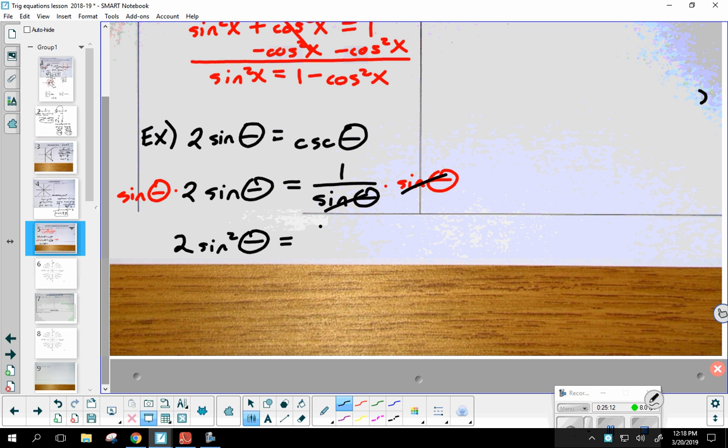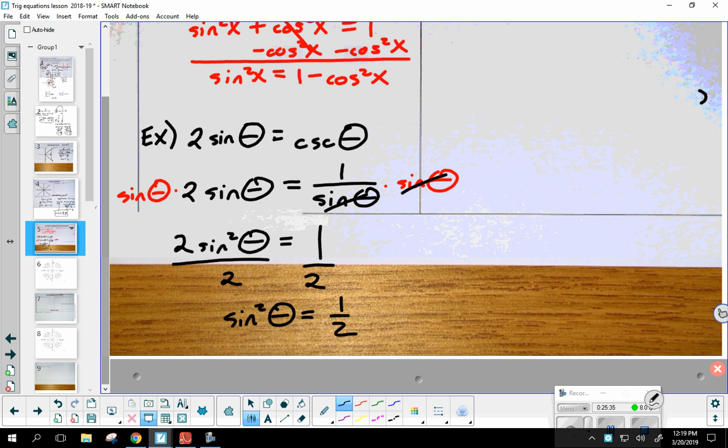They're going to cancel, so that just equals 1. And see, now you've got just a basic equation that we've been looking at since before spring break. Everybody okay with how I did that? Okay. Well, now what? Divide by 2. So sine squared of theta is equal to 1/2.